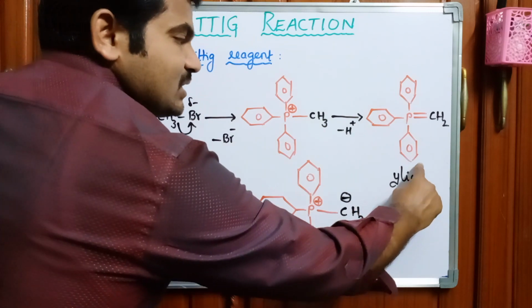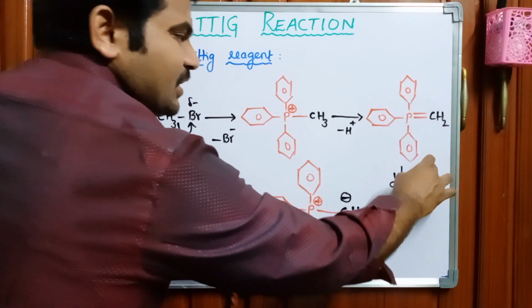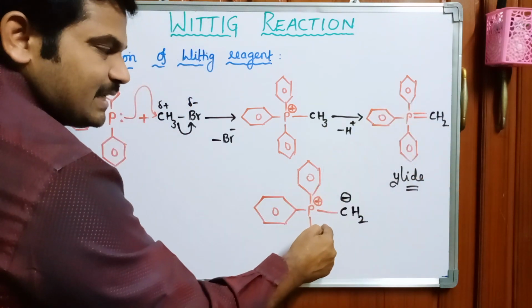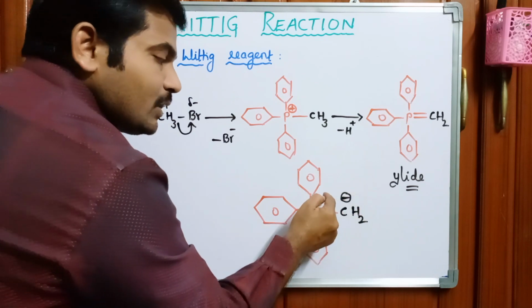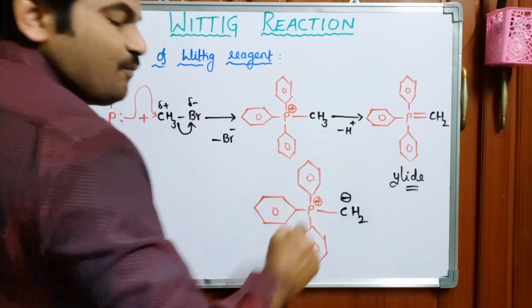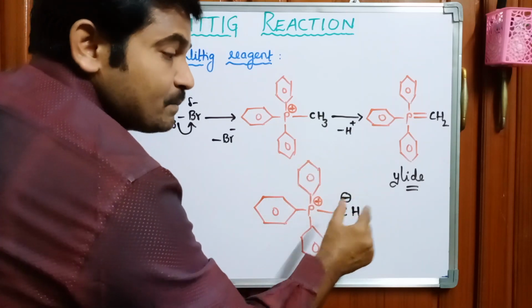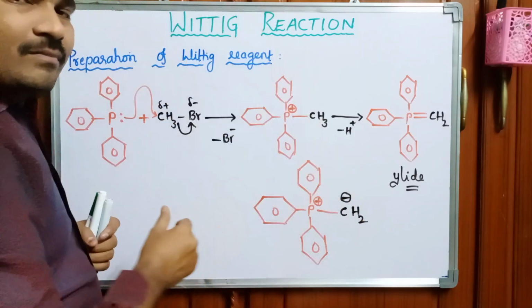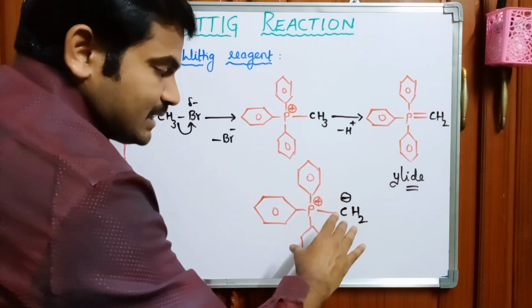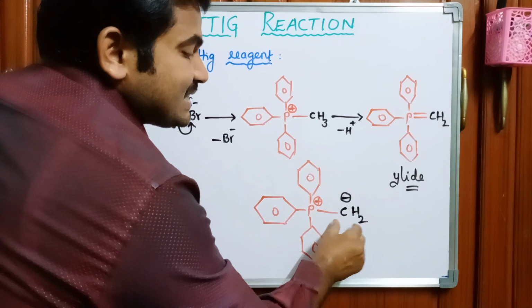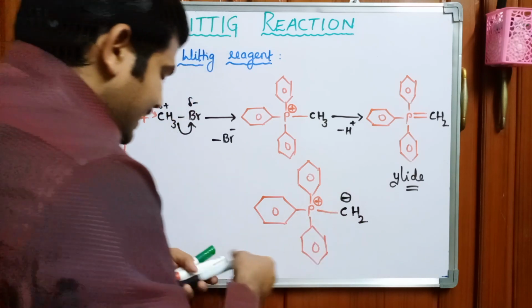This ylide is highly unstable. It always exists in this ionic state. It has both cationic and anionic forms. It acts as a nucleophile in the entire reaction. Due to its high reactivity, it acts as an excellent reagent.